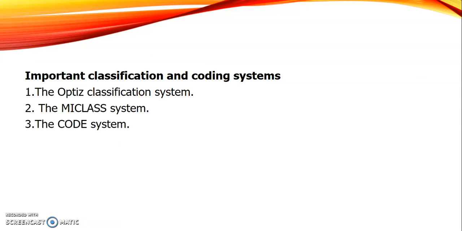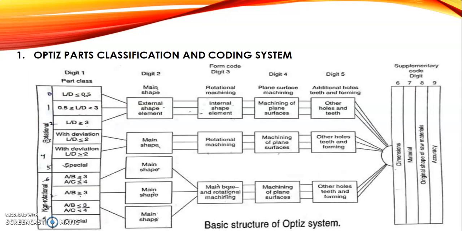Important coding systems: we have three important coding systems, Opitz, MICLASS and CODE systems. The Opitz coding system was developed by H. Opitz. It is proposed for machined parts. It is one of the first published coding schemes for mechanical parts.